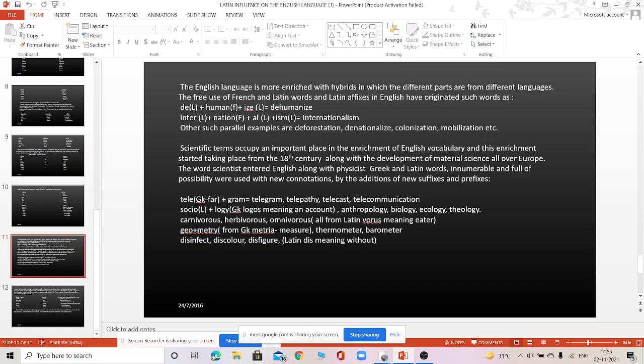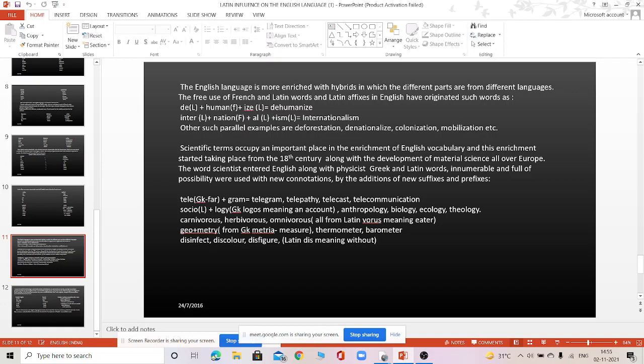Then come certain words which they are carnivorous, herbivorous, omnivorous. These are all from Latin. Vorous meaning eater. So carnivorous means flesh eater. Animals which eat flesh. Herbivorous means from which the word herb comes.